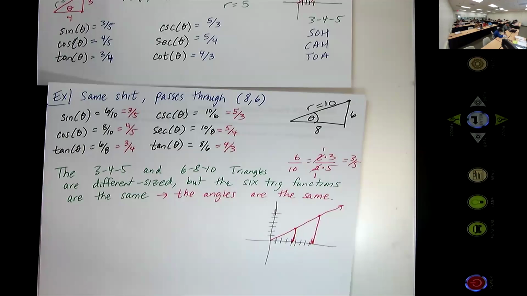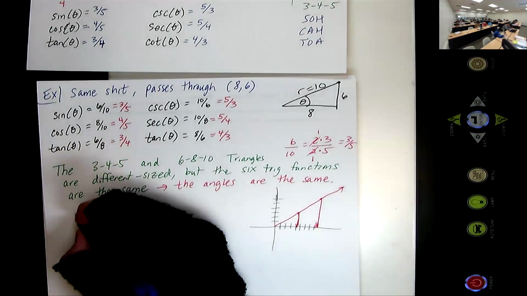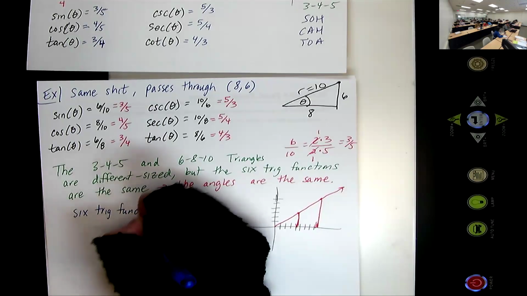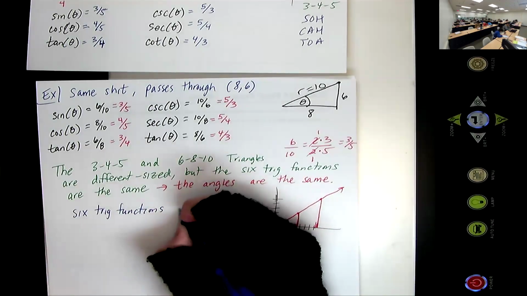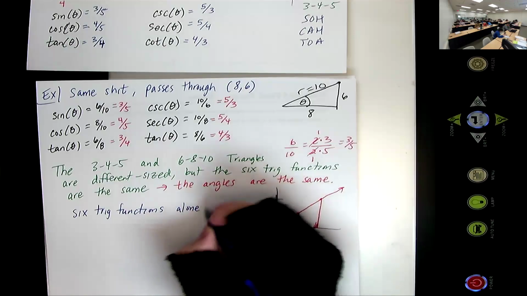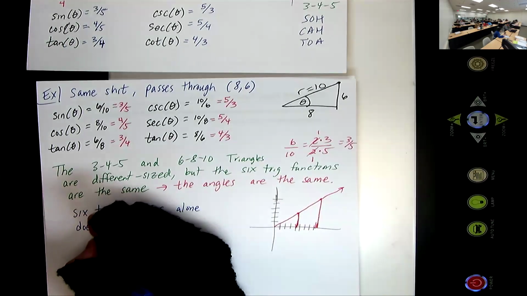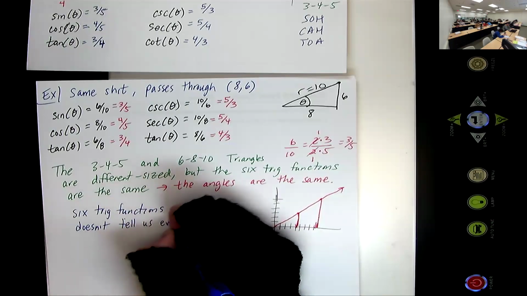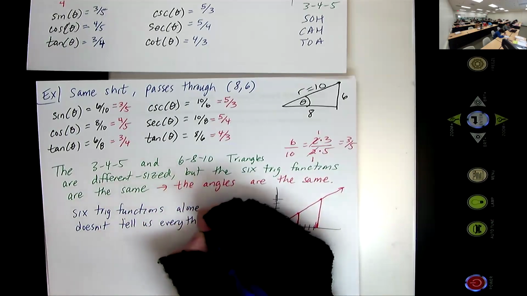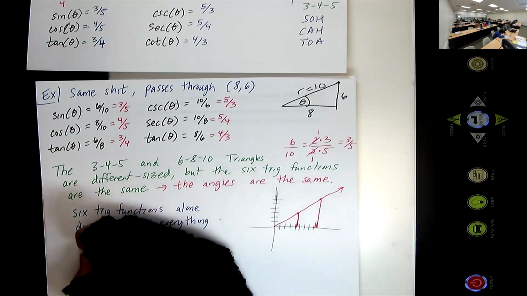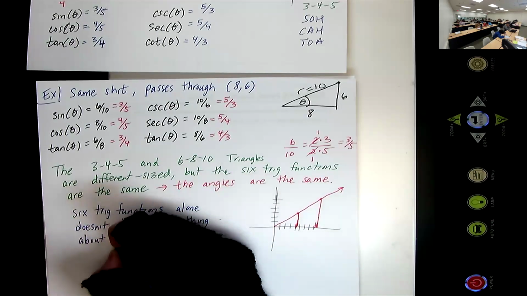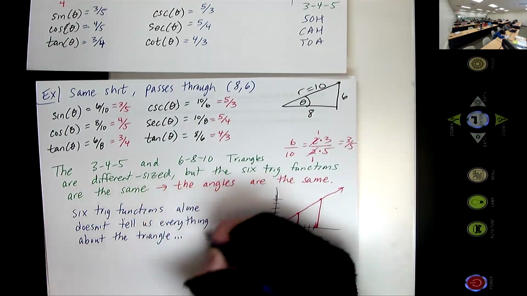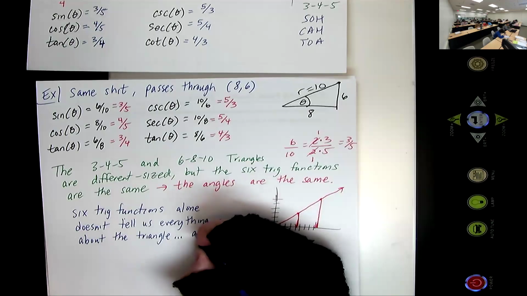So the 6 trig functions alone, if that was the only piece of information we have, doesn't tell us everything about the triangle. It's all different sizes of triangles.